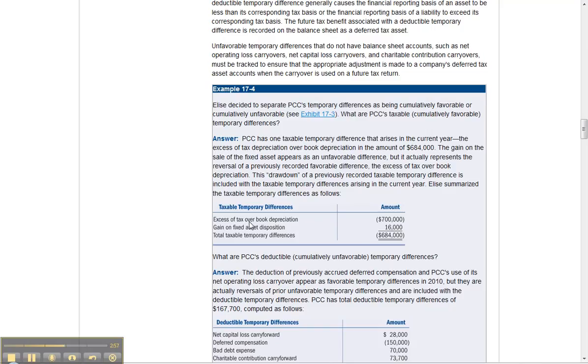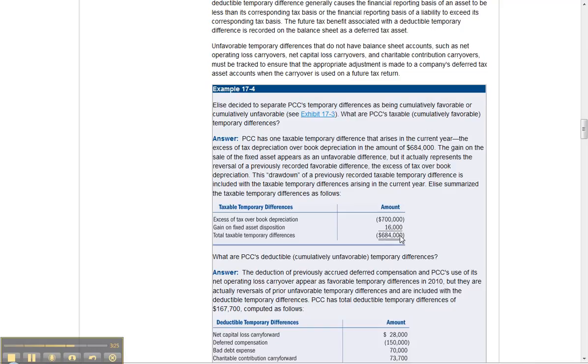We had depreciation, an excess tax over book depreciation amount of $700,000, and then we're offsetting this gain on the asset sale, this $16,000 difference. We're putting this up here too, because this really related to those same assets being depreciated. So we consider those two taxable temporary differences of 684.